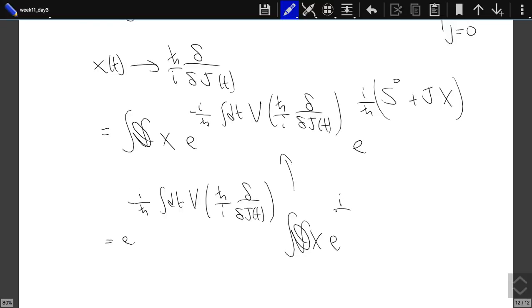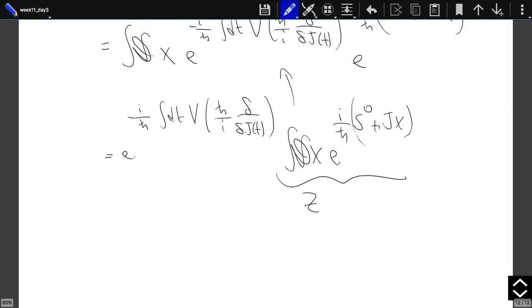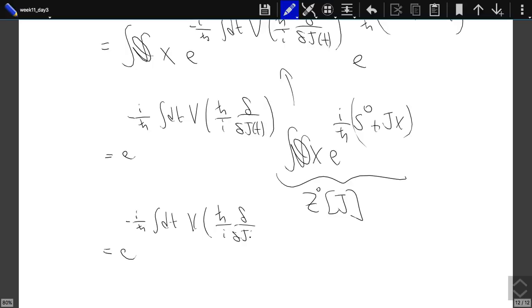Then we have the integral dx e to the power i over h bar S0 plus j x. But this is what we call Z of 0, j. Of course, once we evaluate this by taking the derivatives, we have to set the source to 0.